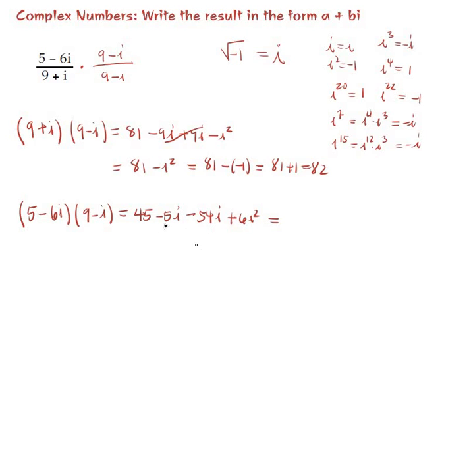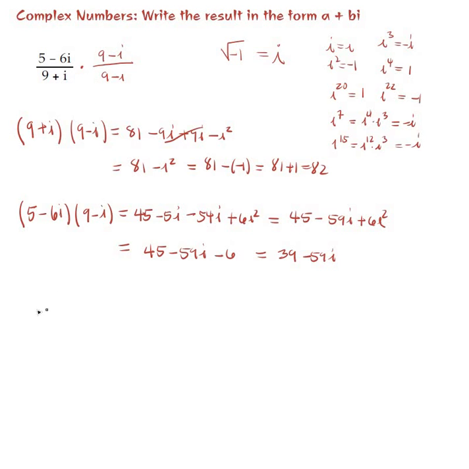Now we add like terms, 5i and -54i. This is going to be 45 minus 49i plus 6 i squared. But this i squared, you remember, is -1, so this will be 45 minus 49i plus 6. We found the product of these two and the product of these two.